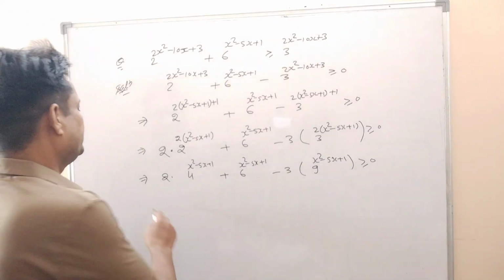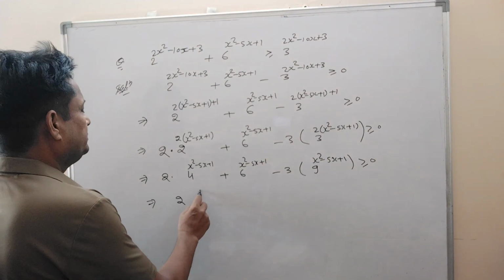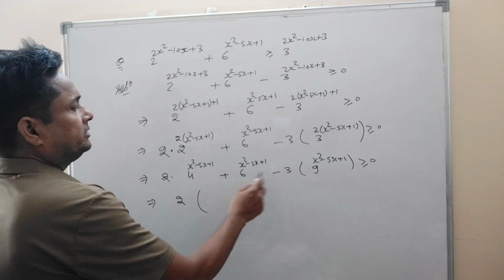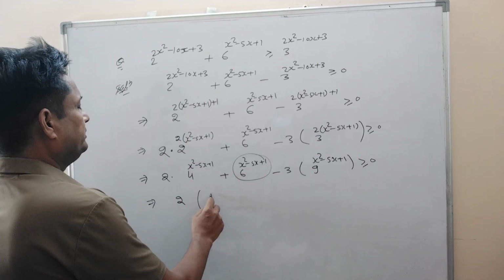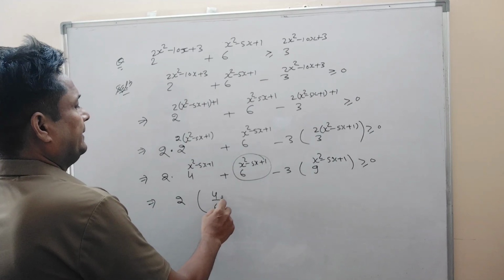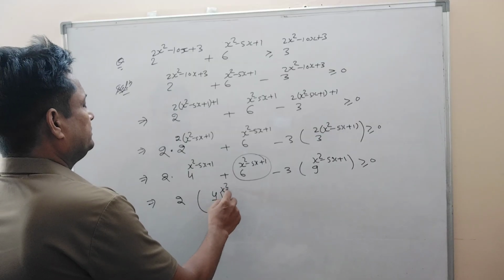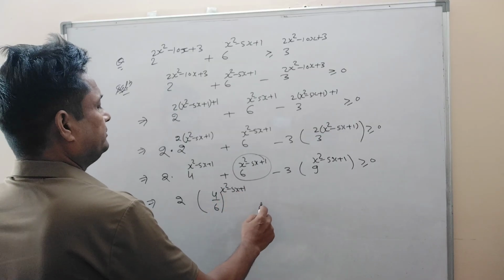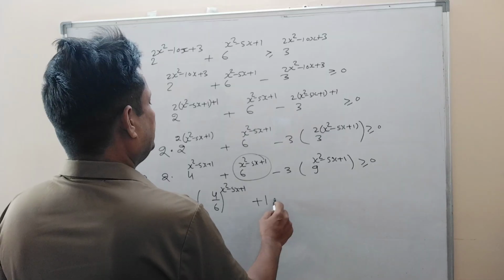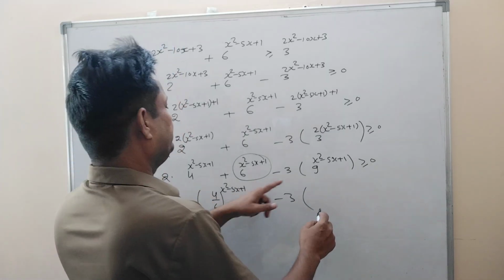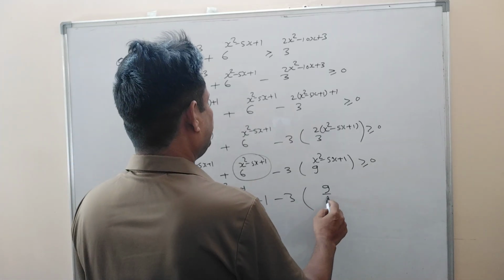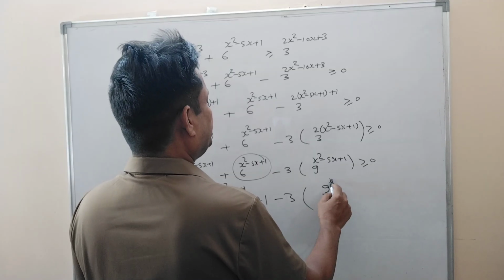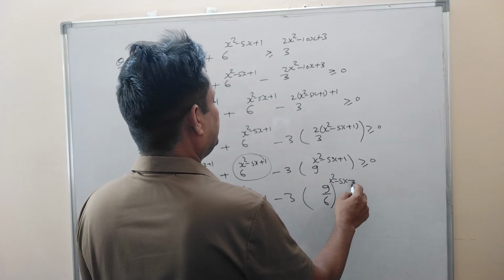Divide by this number. So this will be written as 2 into 4 by 6 to the power x square minus 5x plus 1 plus 1 minus 3 times 9 by 6 to the power x square minus 5x plus 1.